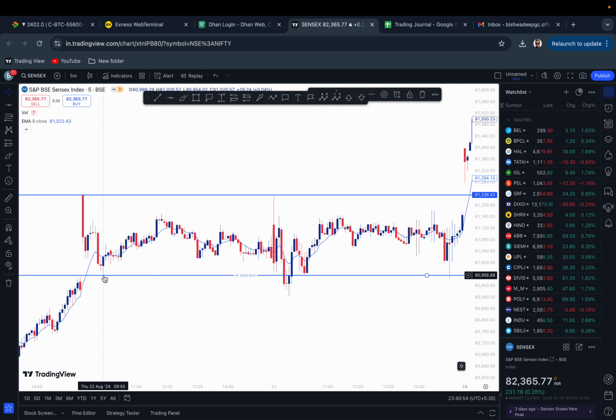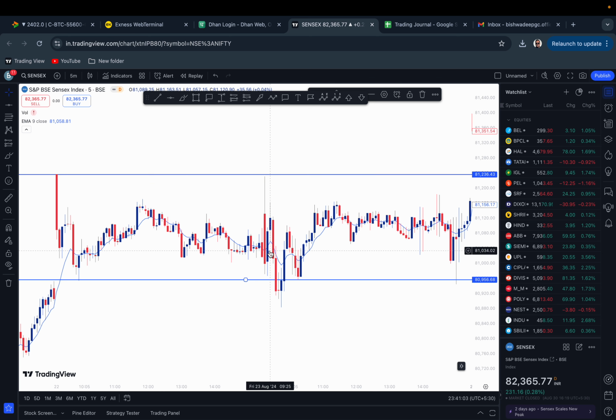So I should mark that. So I marked the highest and the lowest of 22nd of August. And the market got ended over here by making this little bit of small bullish candle. You can see, right? This is the small bullish candle.